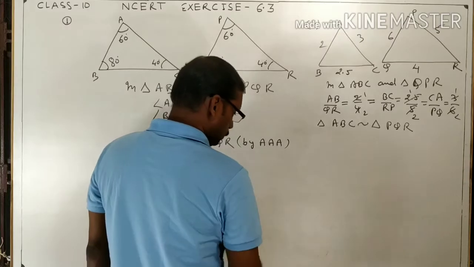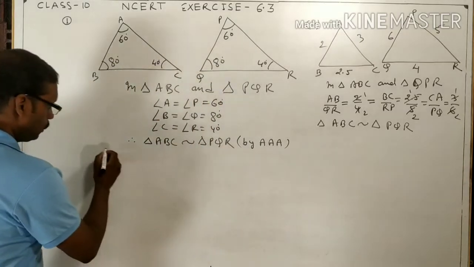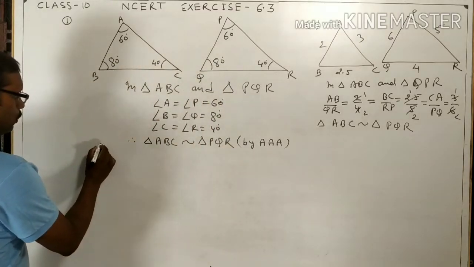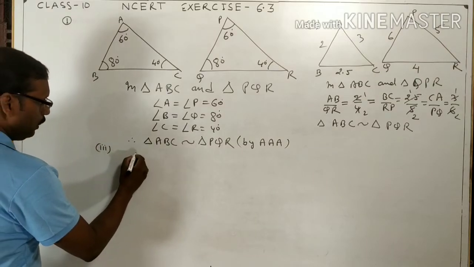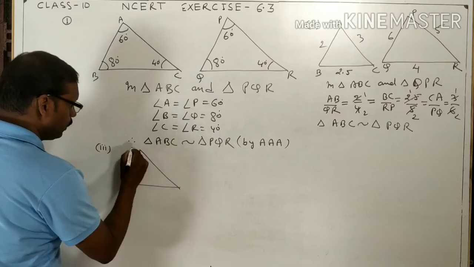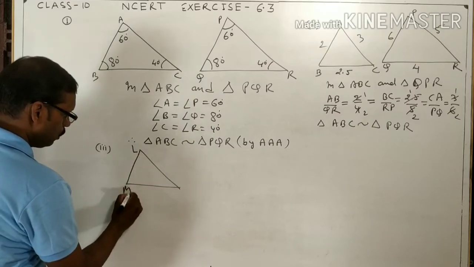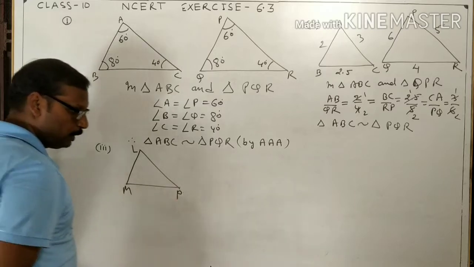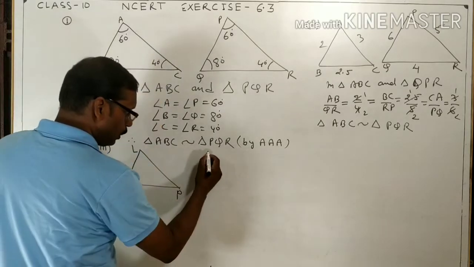Question number 3. The given triangles are LMP and DEF.